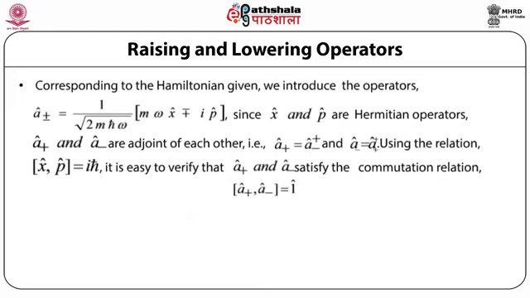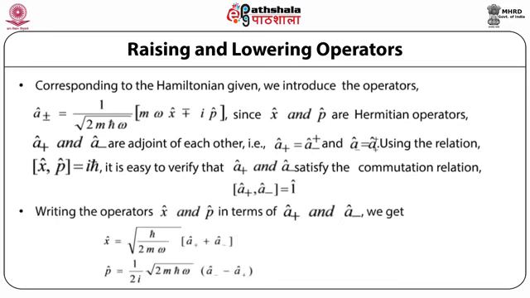Now, using the commutation relation between the position and the momentum operator, which gives us iħ, where ħ is equal to h by 2π and h is Planck's constant, it is now easy to verify that the raising and lowering operators A+ and A- satisfy the commutation relation: the commutator of the raising operator A+ with the lowering operator A- gives us the identity matrix or the unit matrix.